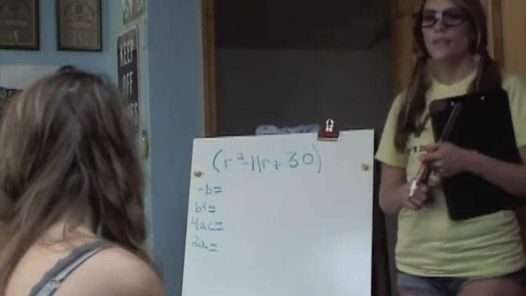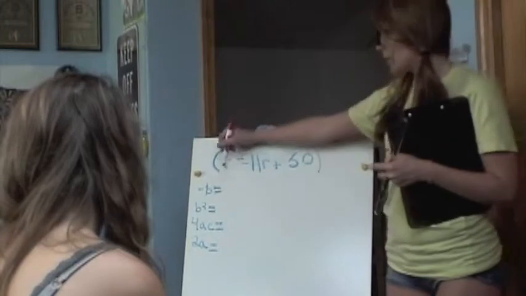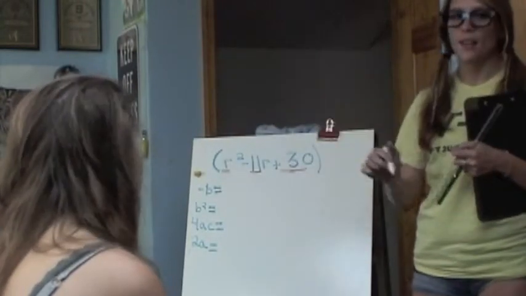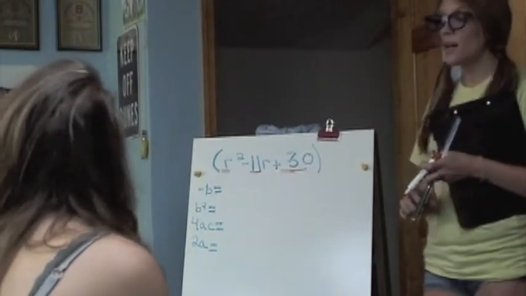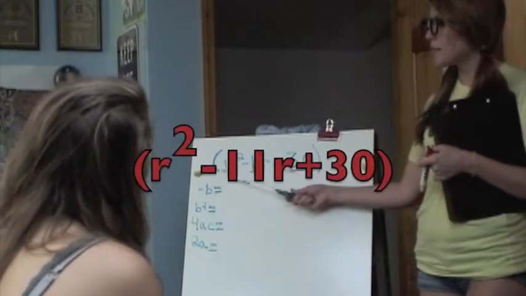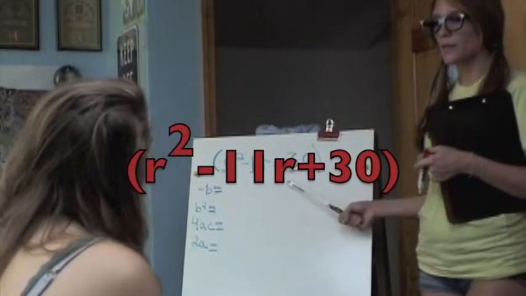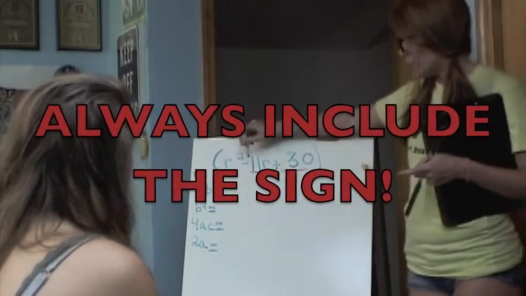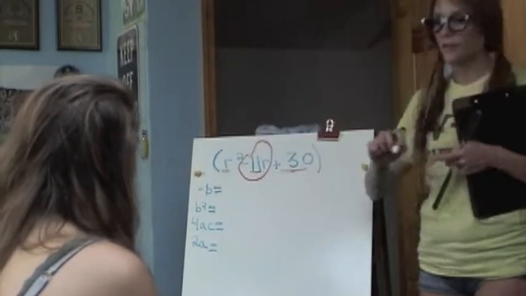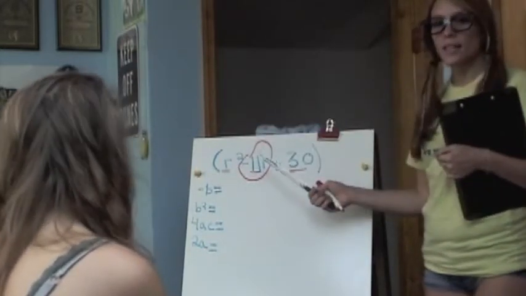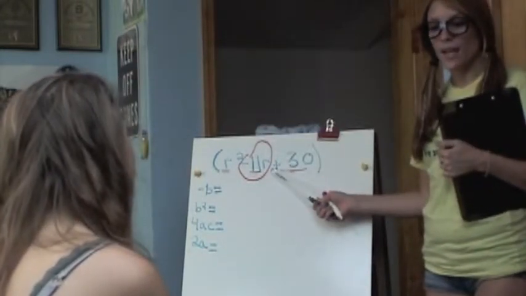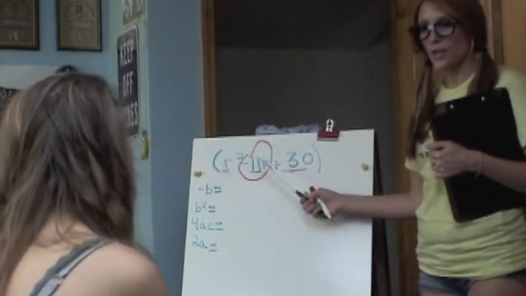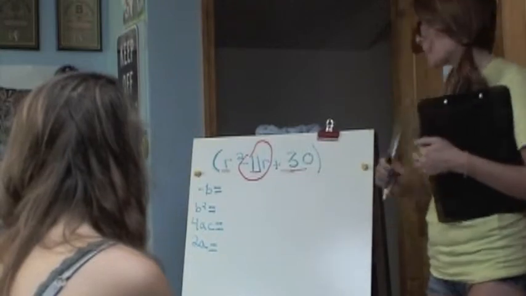Now, these values are 1, negative 11, and 30 in this case, because the quadratic is r squared minus 11r plus 30. Always be sure to include the sign in front of the term. For example, using 11 instead of negative 11 as the value of b may mess up your calculations. Ensure that the negative is included.